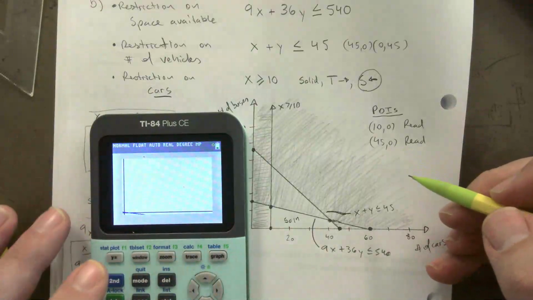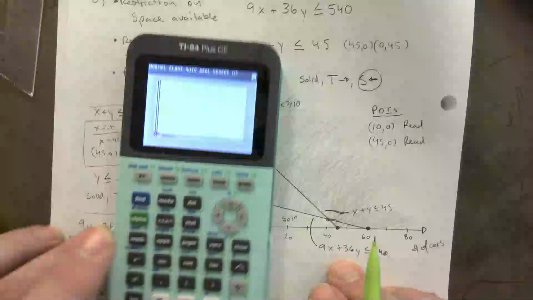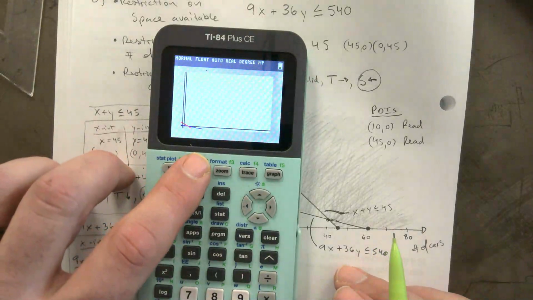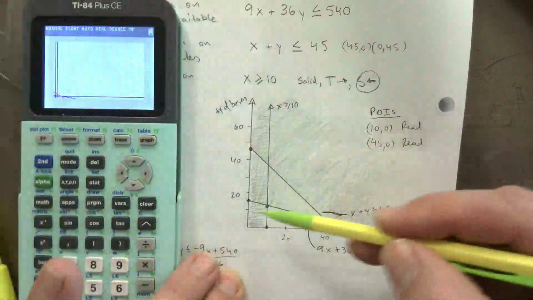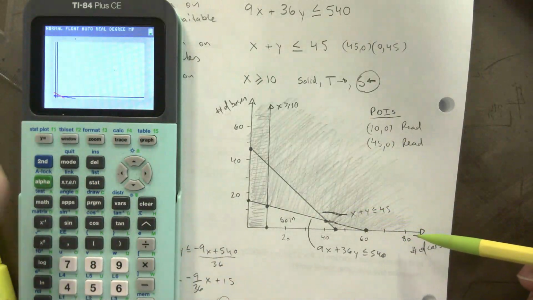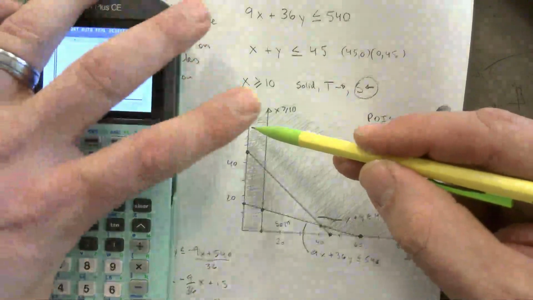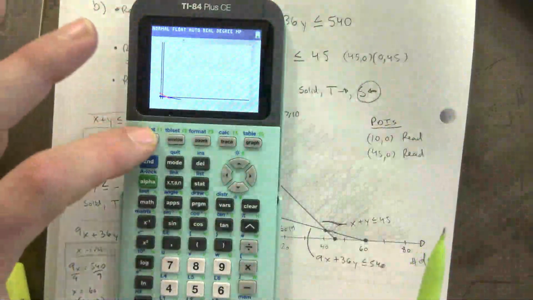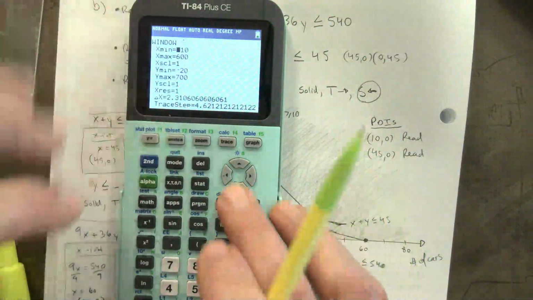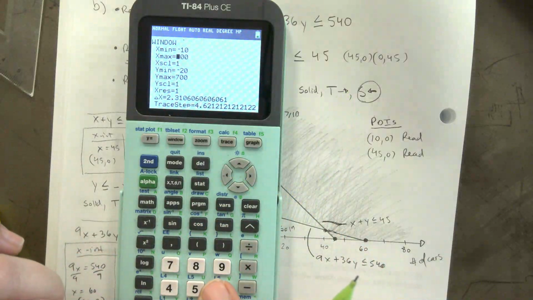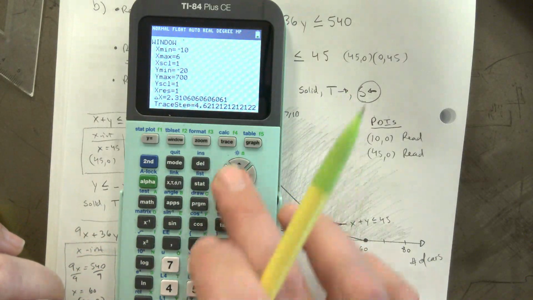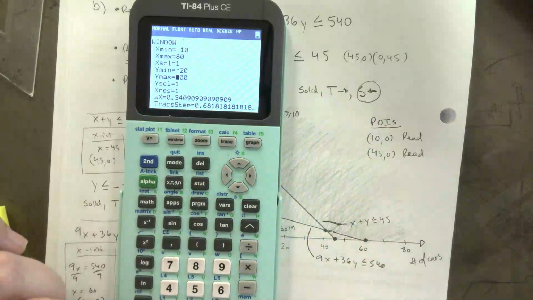Okay, we need to find, whoa, my window is way off. Based on this grid, my X max should be 80 and my Y max should be 60. You could try zoom fit, you can try one of those. It's up to you. So I'm going to go 80 here and 60 there.